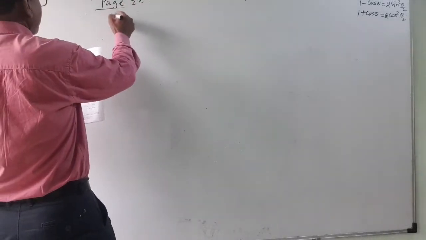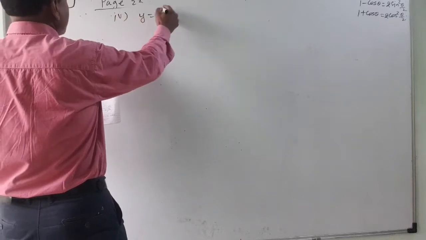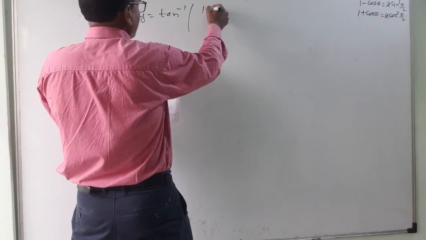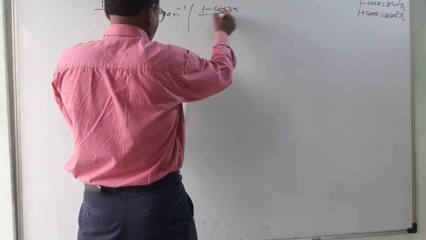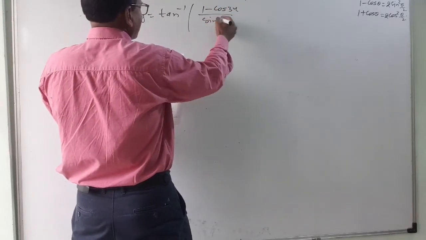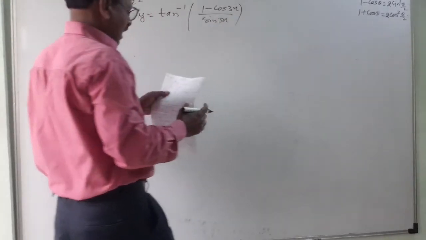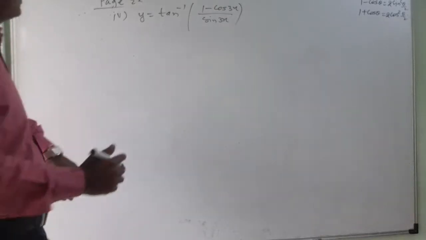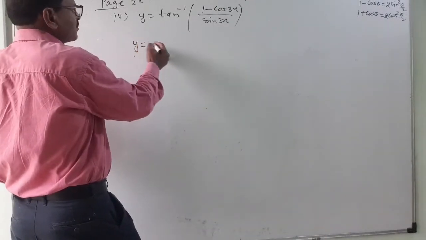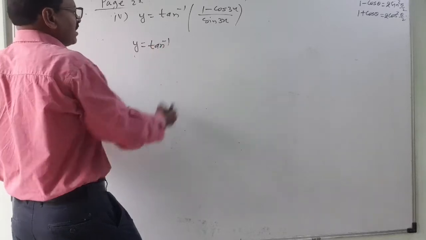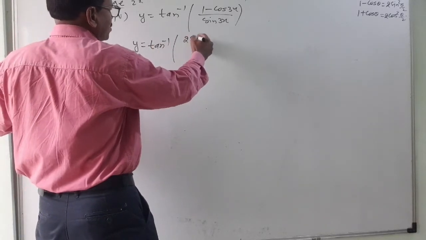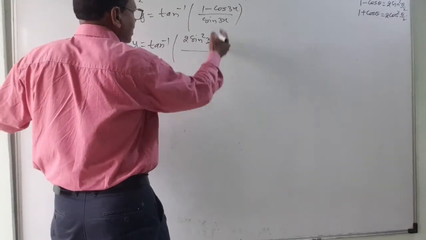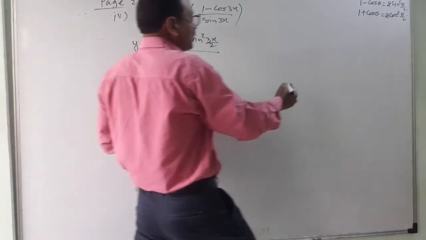Another, the fourth sum, y is equal to tan inverse of 1 minus cos 3x upon sin 3x. This is also a sum. y is equal to tan inverse of, this is 2 sin square 3x upon 2, since 1 minus cos theta means that, and this will be sin 2 theta.